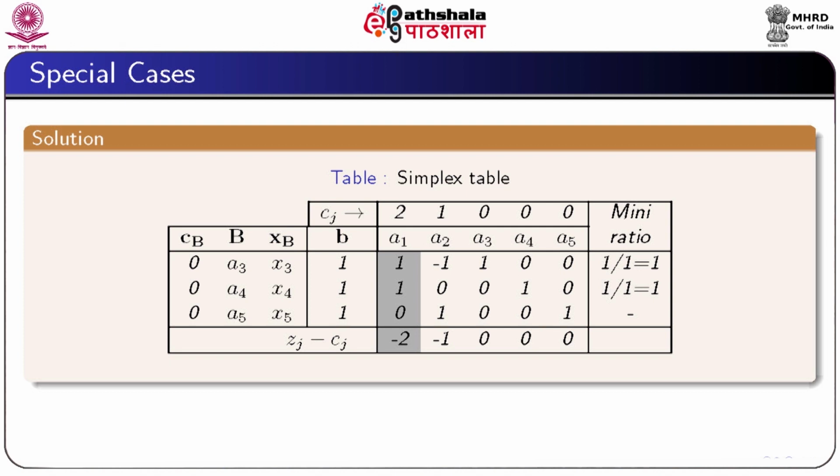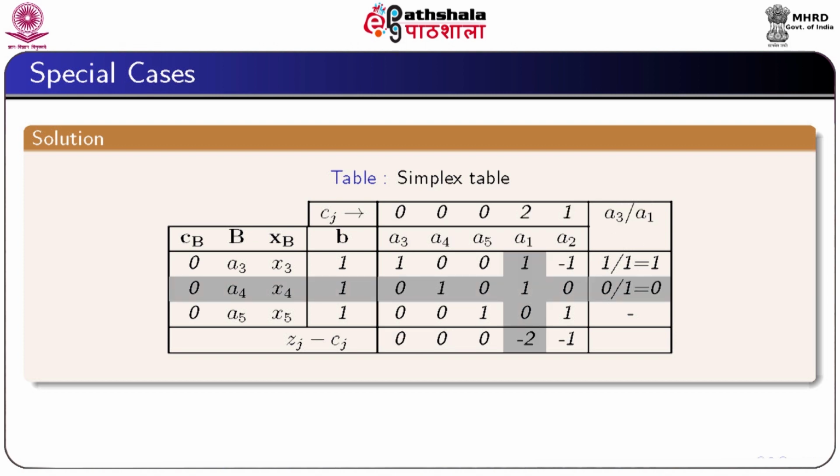Either a3 or a4 can be chosen as the departing vector. To select the right one, we follow the algorithm and rearrange the columns so that the vectors forming the original unit matrix come first and then the other vectors follow.